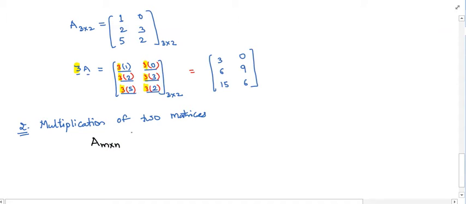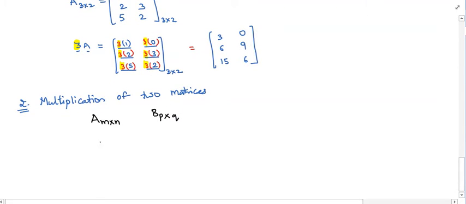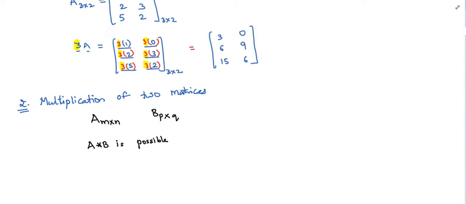If A is a matrix of order m by n, B is a matrix of order p by q, then you can multiply A and B, or you can simply write A star B, is possible if the number of columns in the first matrix is the same as the number of rows in the second matrix. This is possible if n is equal to p. If n is not equal to p, then this multiplication is not possible.